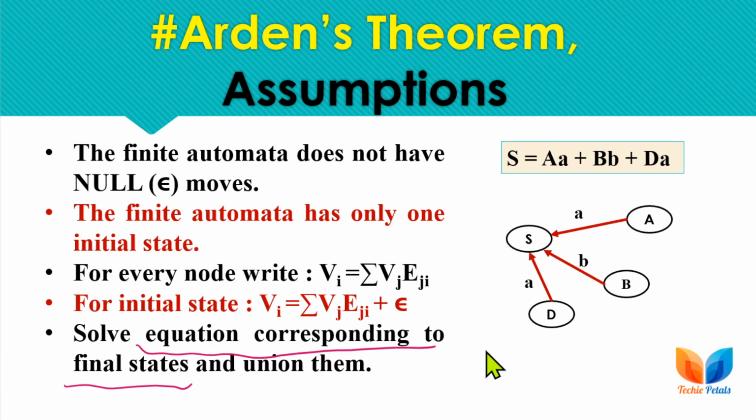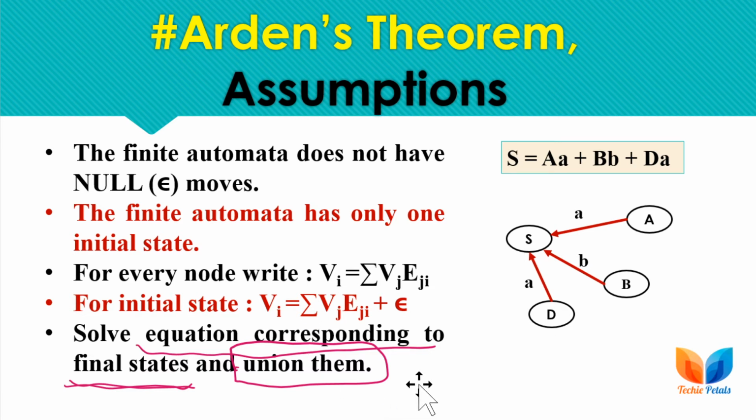We have to solve the expression corresponding to the final state, and if we have more than one final state in the DFA or NFA, then you have to solve the equation corresponding to all the final states and then union the results of all of them. Okay, so this is the way to solve the expression. If we have one final state, then solve the equation corresponding to the final state only.